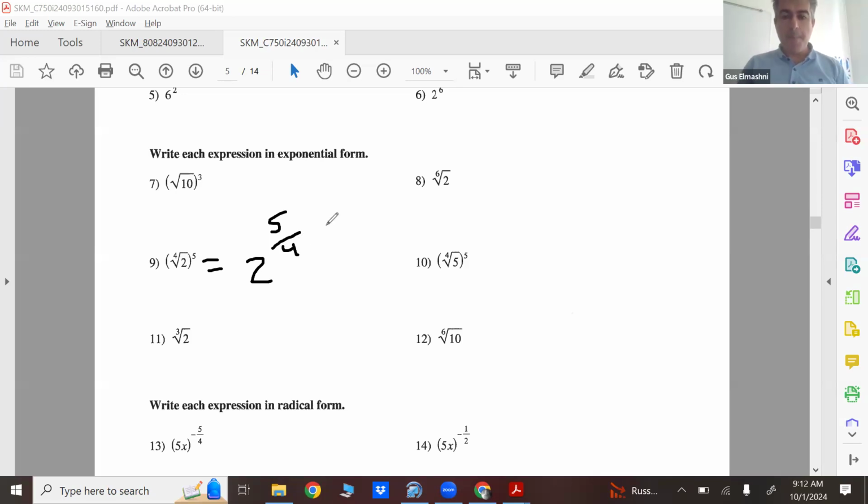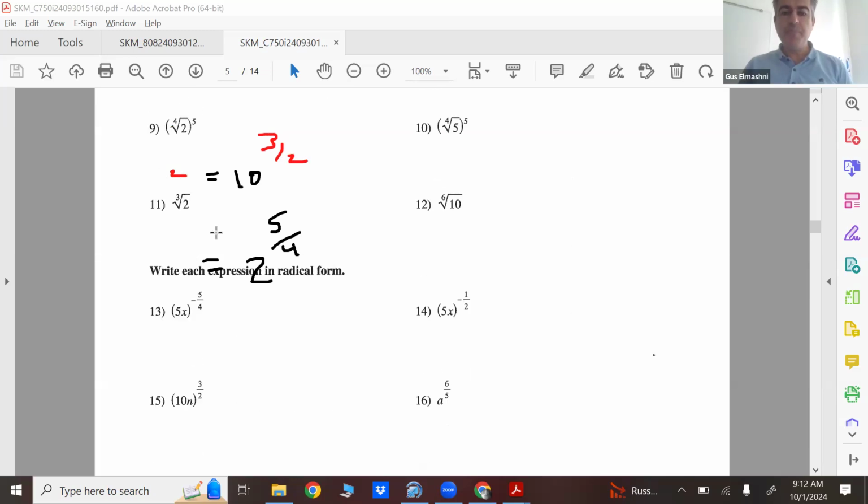Okay. How about number 7? How would I write that as an exponent? 10 raised to what power? 3/2. Perfect, right? Because if you see a square root, you assume there's a 2 there. That goes in the bottom. Okay. So this would be good practice. Go back and forth between these two.